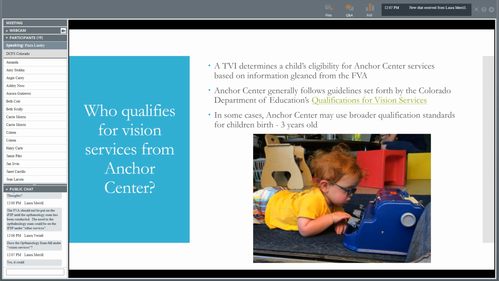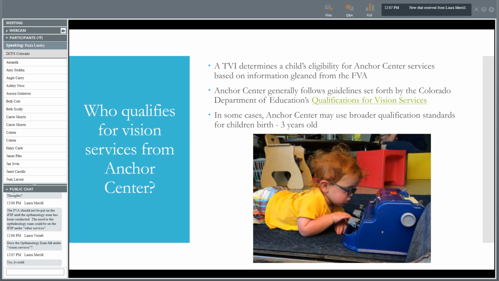As far as school-age kids, especially for the low vision kids who do pretty well in preschool when everything's large print and bright colors, they might not qualify for services, which is, again, a tricky spot to be in with that transition.